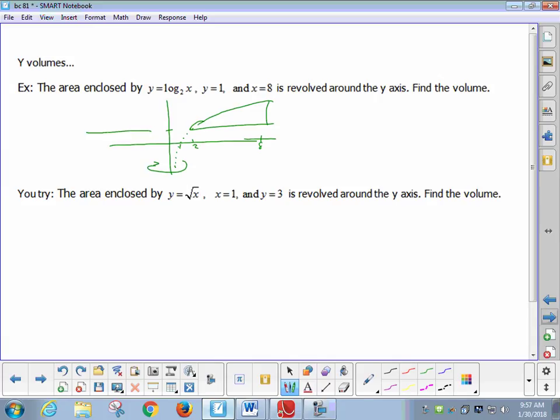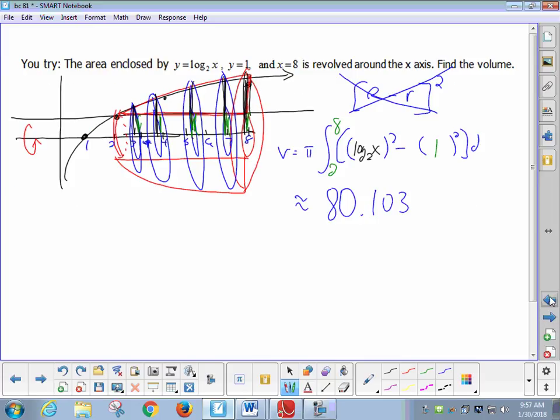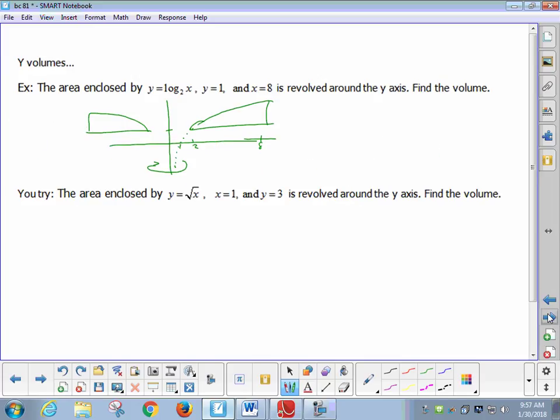If you revolve the same region, this time around the y-axis, would the volume be the same? Is it the same kind of figure made? Yes. No. I say yes, they are not the same. If they come out the same, it's a total coincidence. Very frequently, most frequently, they are not the same.